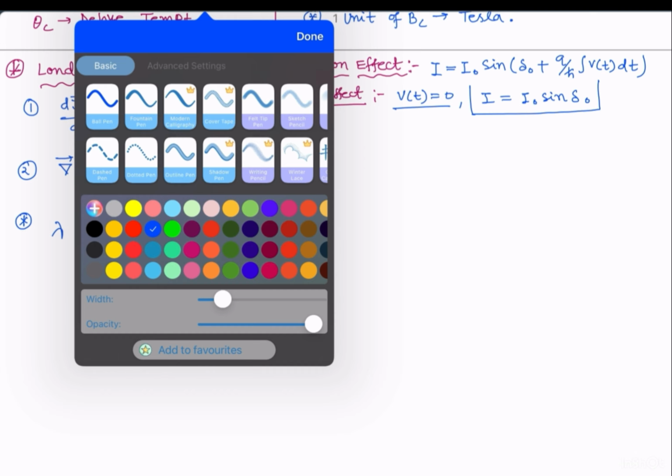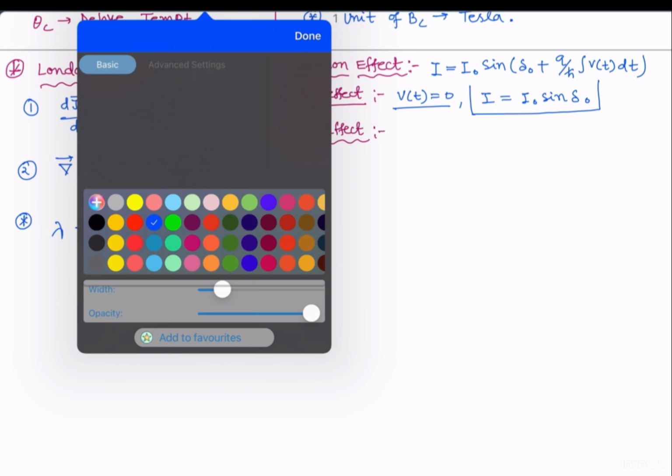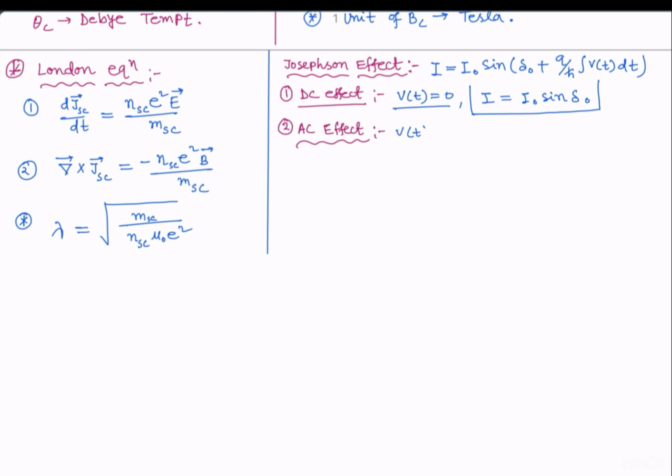Next is the AC effect. Here we put a constant voltage V of t equal to V0.